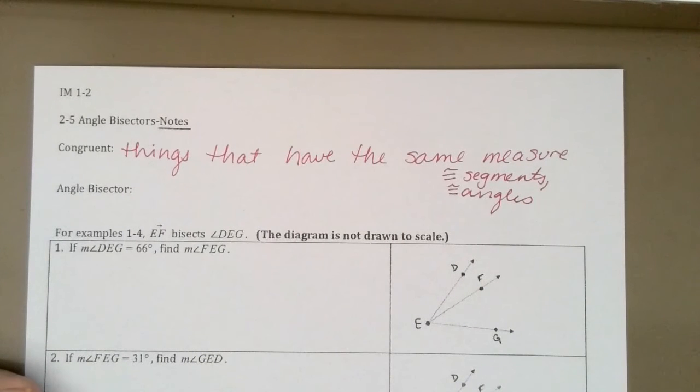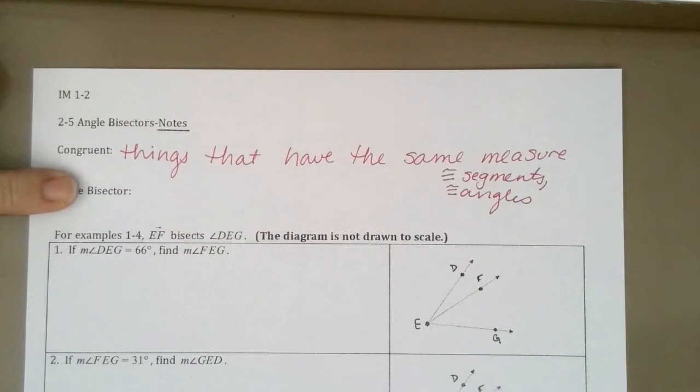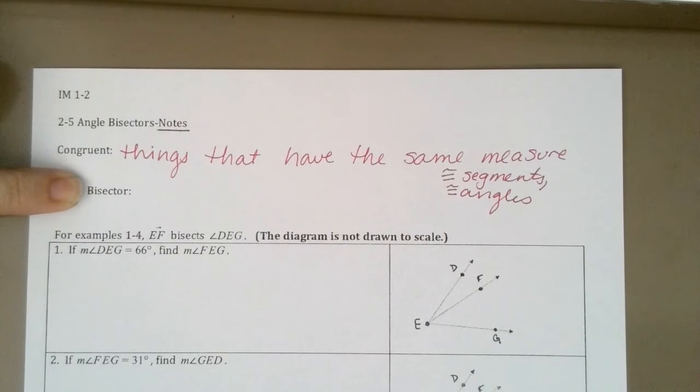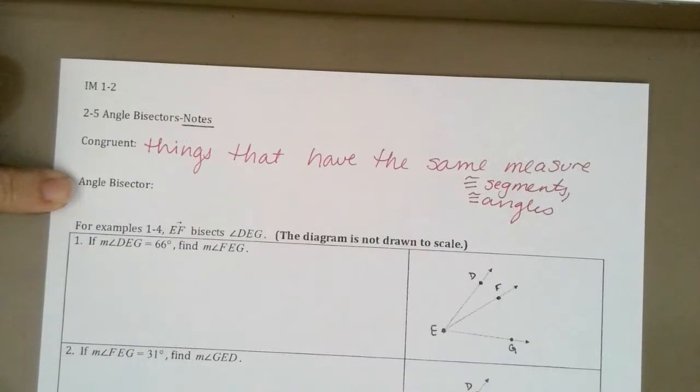An angle bisector. Now, before I define an angle bisector, let's just define the word bisector. Do you know what it means to bisect something? It means to cut it into two parts, specifically to cut it into two equal parts. So an angle bisector is something that is going to cut an angle into two equal parts.